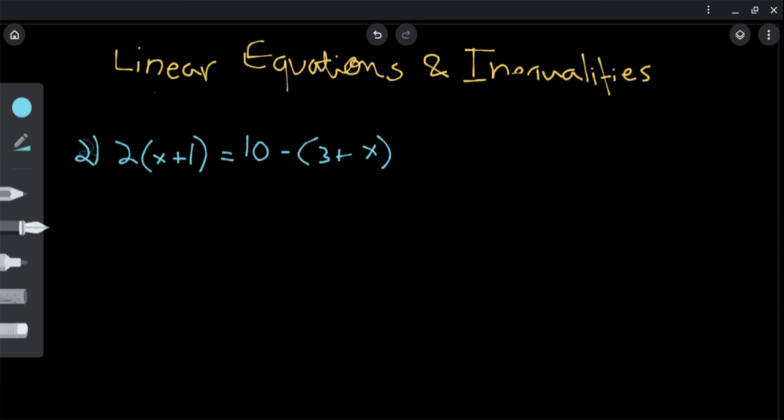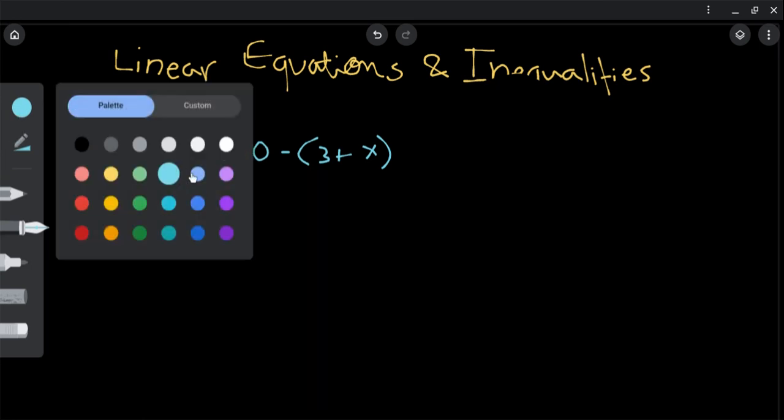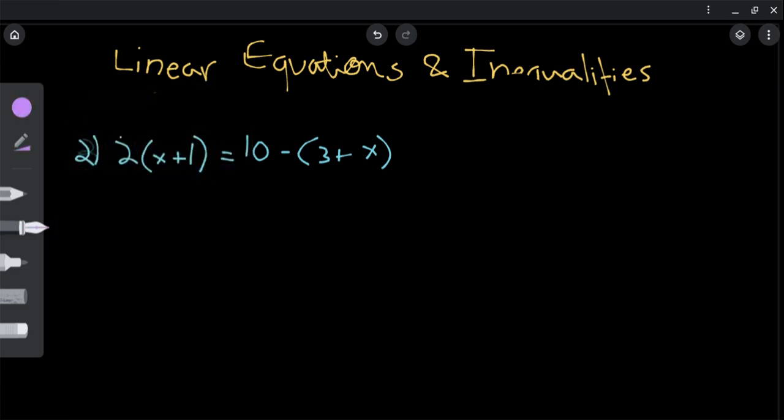So we're just going to start this off real simple. What do you do in the order of operations first? The brackets, or the parentheses, right? So first we're going to expand the brackets, and we do that by multiplying what's in the brackets by the number outside of them. So we're going to multiply 2 by x and 1 by 2.